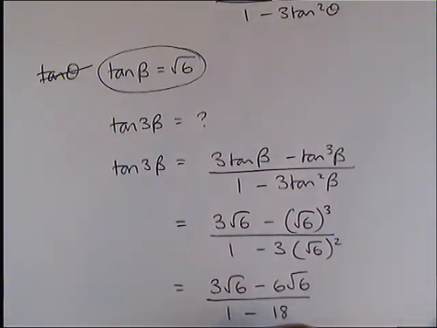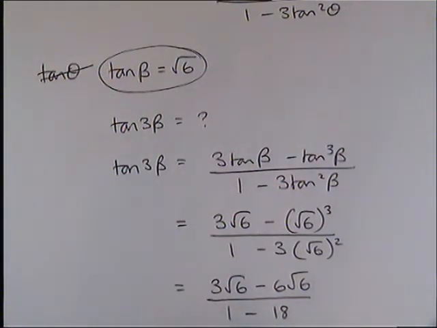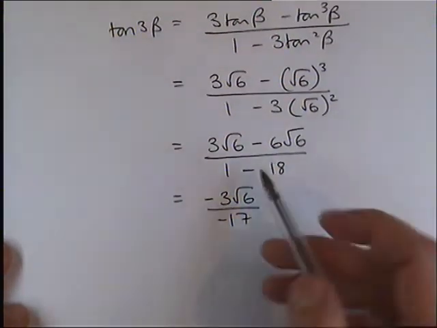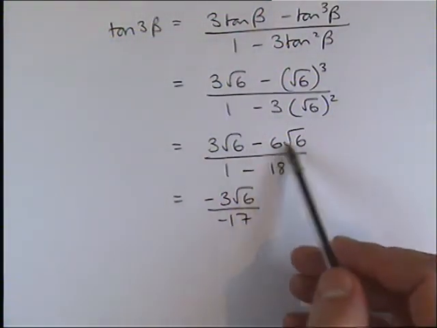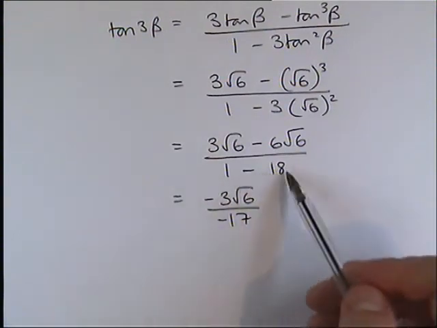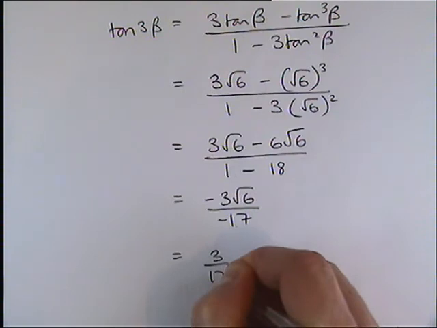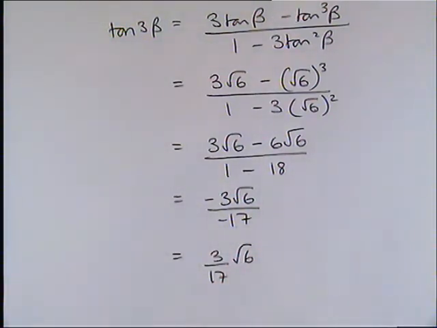So on the numerator, minus 3 root 6 over minus 17. So just to explain what I've done, 3 root 6 minus 6 root 6, you can simplify. 1 minus 18, you can simplify. And then that is 3/17 root 6. I think 3/17 is the answer we're looking for. Yes, it is. All done.